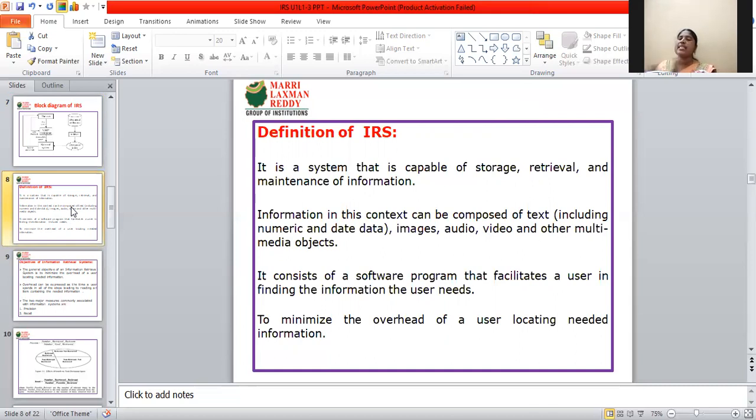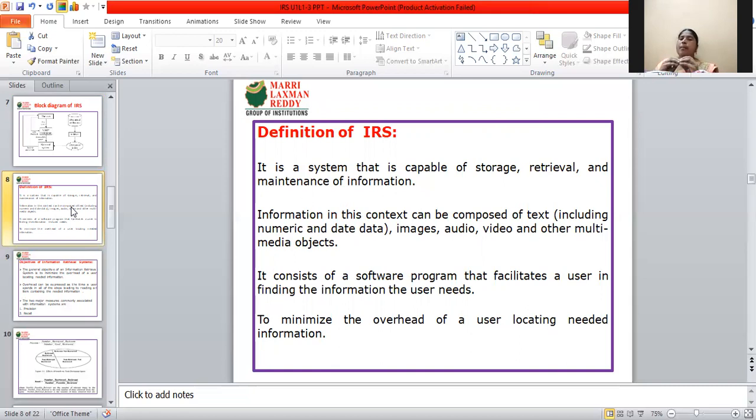Any information is organized, stored, and accessed. These things are capable in this IRS. Information is the numeric data and character data, images, audio, video, and other multimedia objects, all are called information. The data is only tabular format of data.